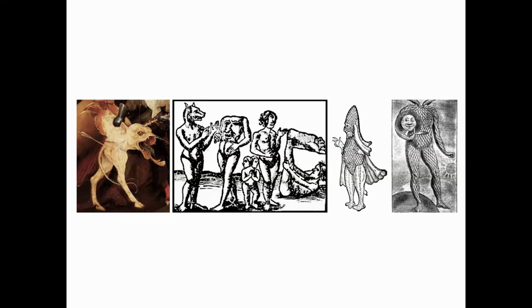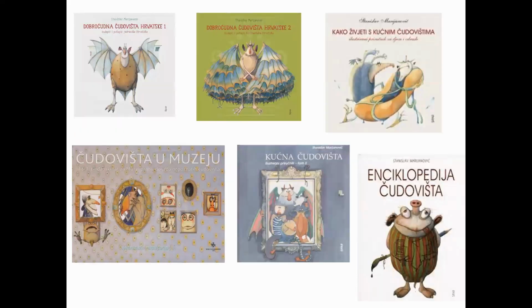But if we talk exclusively about picture books written and illustrated by Stanislav Marjanovic, now you see the covers on the slide. Titles are the following. House Monsters number 1, 1997. The Book of Magic Formulas, 1999. House Monsters 2, 2000.